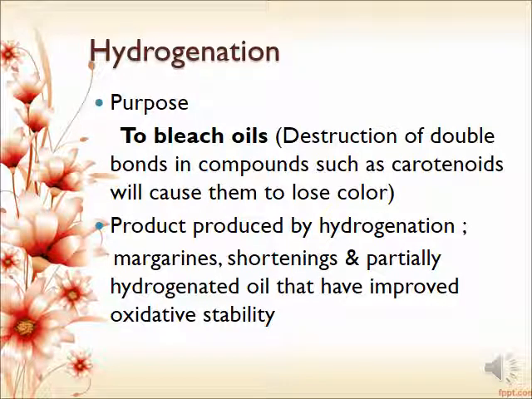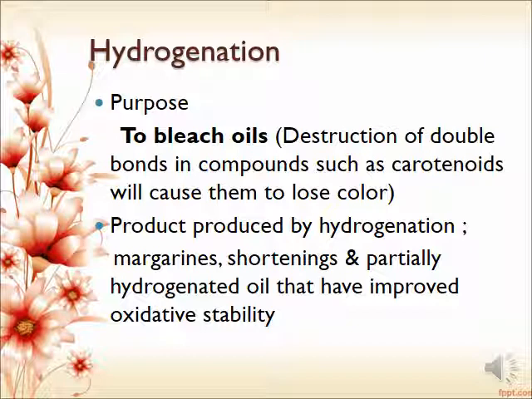So what is the purpose of hydrogenation besides altering the physical property of liquid oil to solid fat? Another purpose of hydrogenation is to bleach oil. This is the destruction of the double bond in compounds such as carotenoid, which in turn will cause the oil to lose its color.